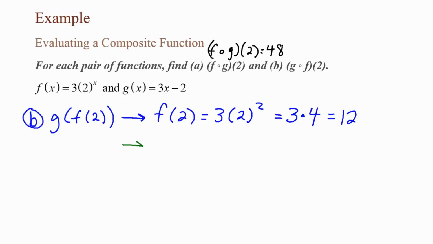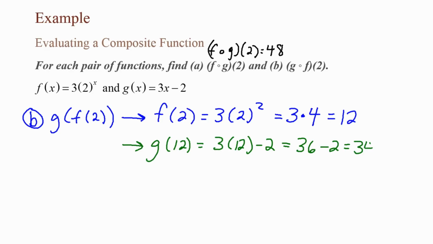Substituting that into the g of x equation, I have g of 12 equals 3 times 12 minus 2, which equals 3 times 12 is 36. 36 minus 2 is 34. So g of f of 2 is equal to 34, while f of g of 2 was equal to 48.